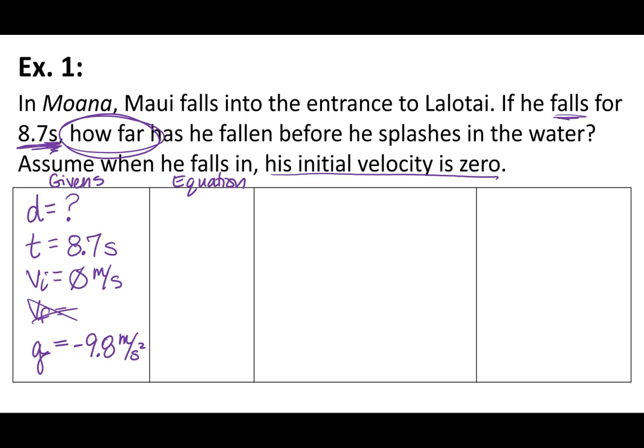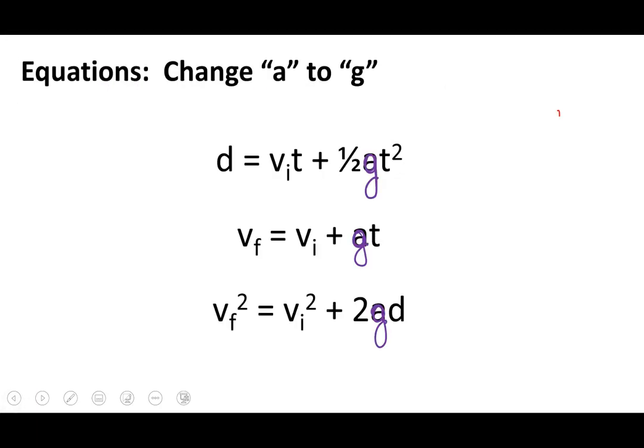Then we go to our equations. It needs to have D, T, VI, and G. All right, let's see. Well, this one has VF, so we're not going to use this one. This one also has VF, so we're not going to use that. Well, I mean, that leaves one, doesn't it? Which is this one. D equals VIT plus 1/2 GT squared.